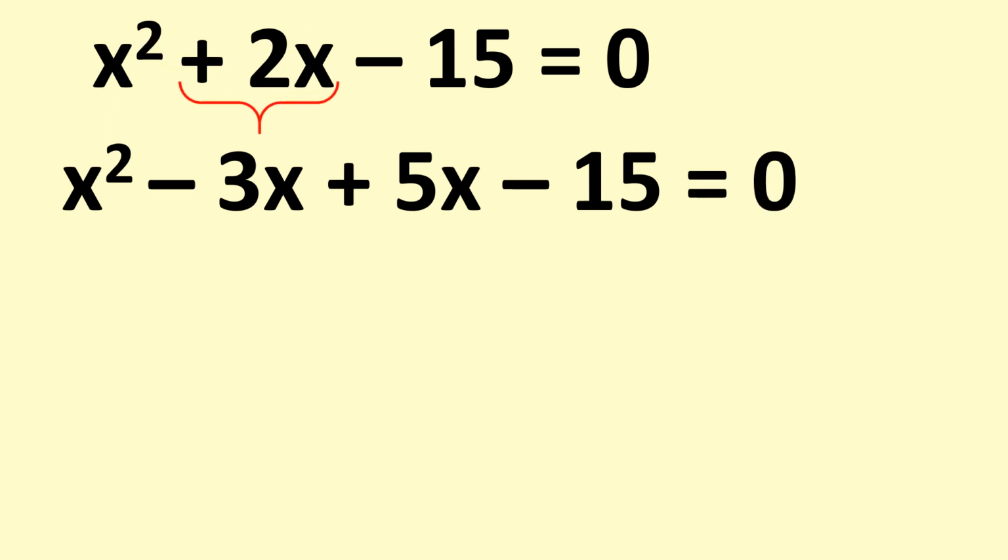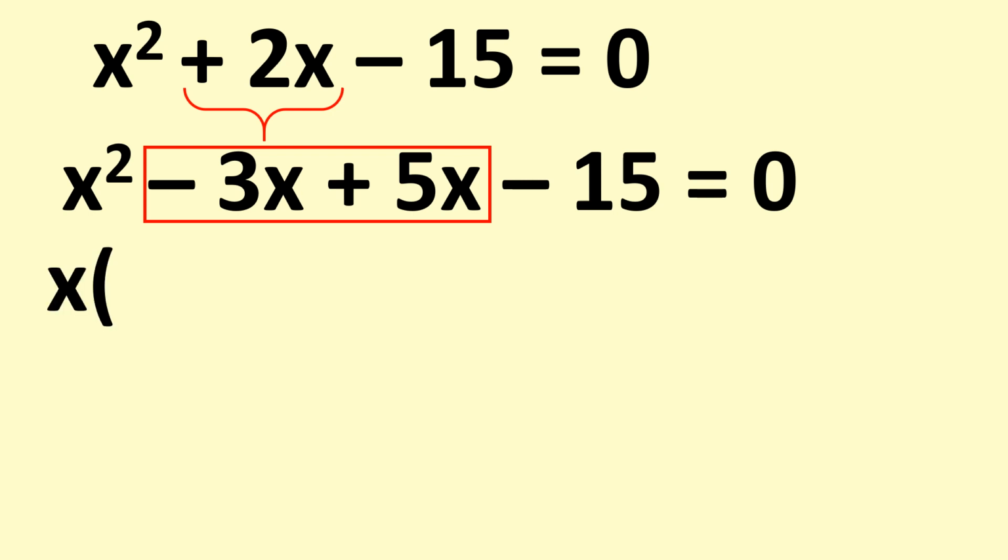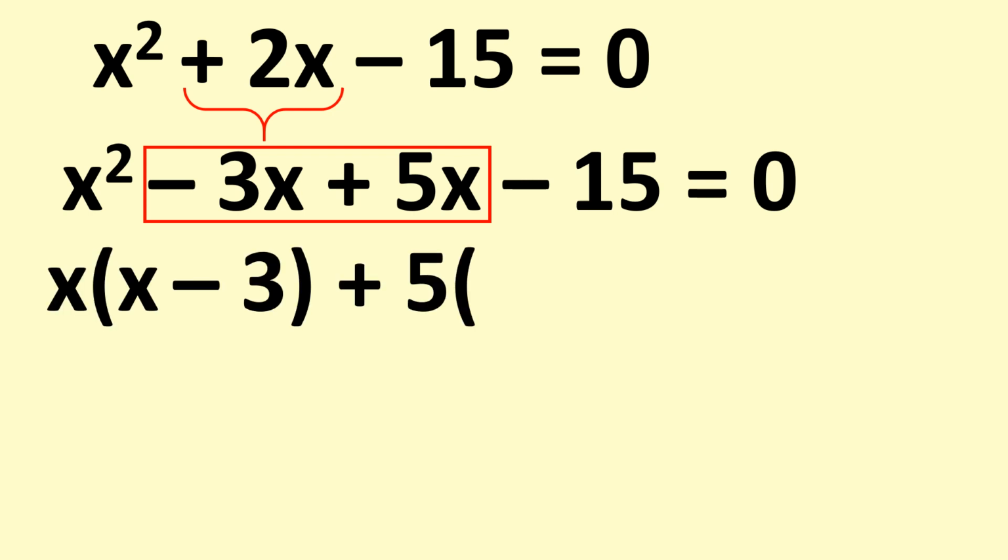Like we said, our 2x is now substituted with minus 3x plus 5x, as we can see clearly. The next thing we'll do is group the first two terms and factorize. What is common to the first two terms? We have x, and when we bring out the x, we have x minus 3.